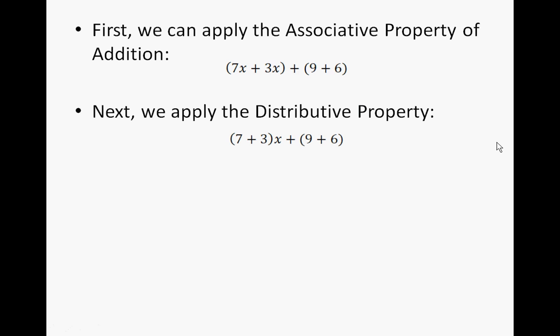And now we can use the distributive property to add 7x plus 3x, because what we're doing is actually a reverse distributive property. We have an x that is in common, so we pull that out, and now we can add the coefficients 7 plus 3. That gives us our 10x, and then plus 15.